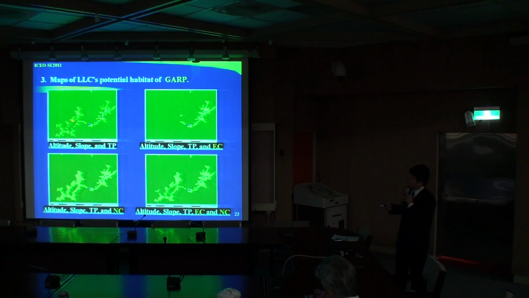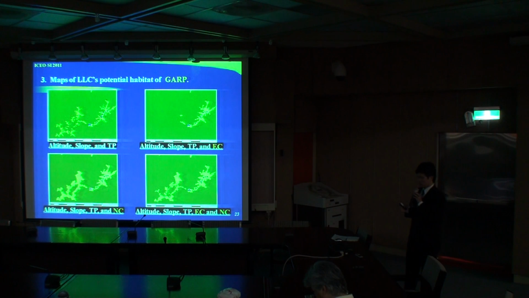In the predictive map, this one is built by altitude, slope, and terrain position. When we add the eastern coordinate in GAP, the predictive area was limited, and adding both eastern and northern coordinates couldn't improve the model.